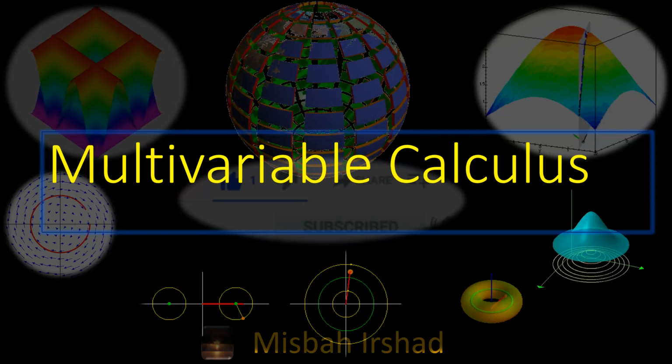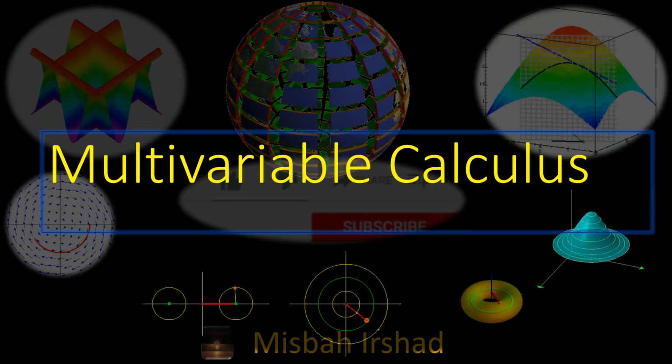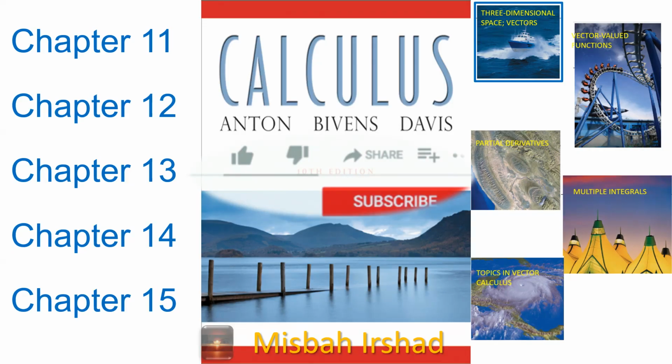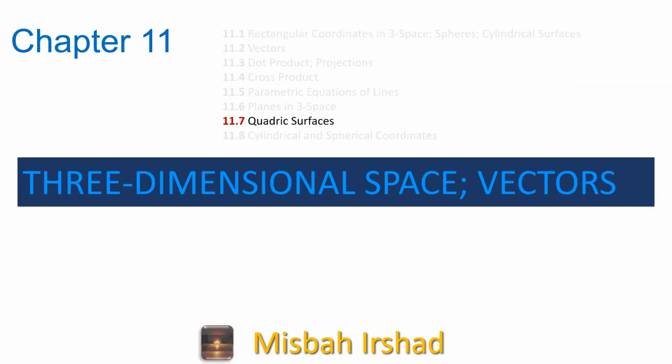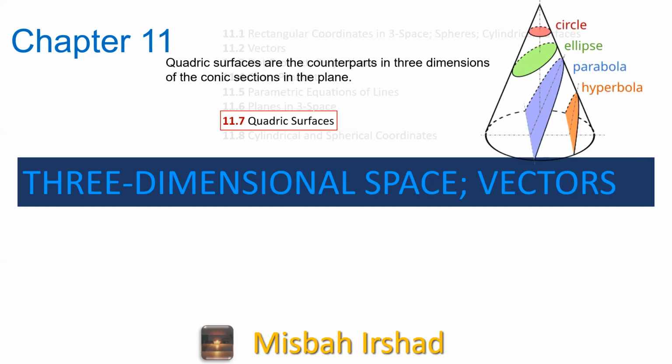Today we move on to one of the most fascinating topics in multivariable calculus, and that is quadric surfaces, section 11.7. Quadric surfaces are the three-dimensional counterparts of conic sections that you may already have studied.